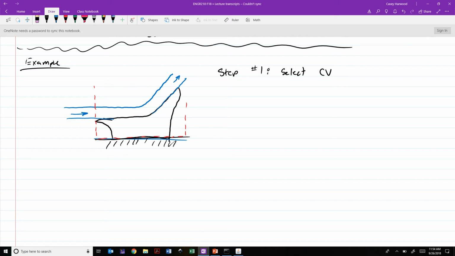So I'm going to suggest that we modify that control volume from our first choice a little bit by drawing it like this, because then that places our normal vector parallel to the fluid velocity, both at the left-hand side and at the right-hand side.